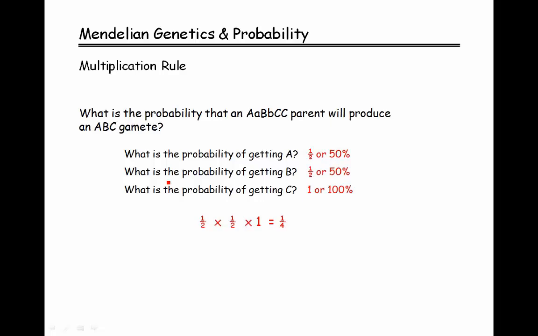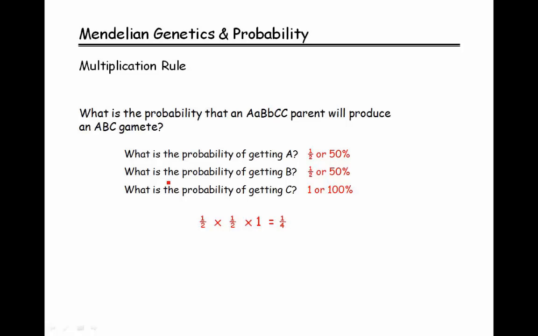So we want to look at the A's individually, and we want to say, what is the probability of getting capital A? Well, we've got two different A's there, capital A and lowercase a. So half of the time we are going to pass on the capital A. For the B's, we've got big B and lowercase b.